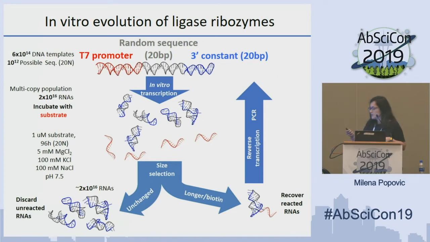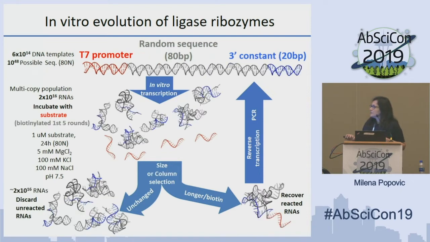The process continues. We did this for the 20 nucleotide selection, and then for the 80 nucleotide selection, in which case it was 8 rounds of selection punctuated by mutagenesis after the 5th round.